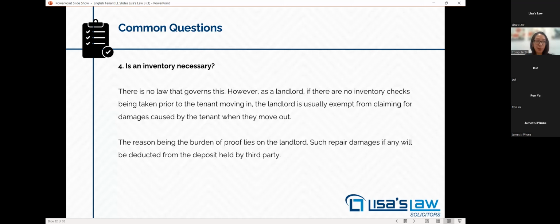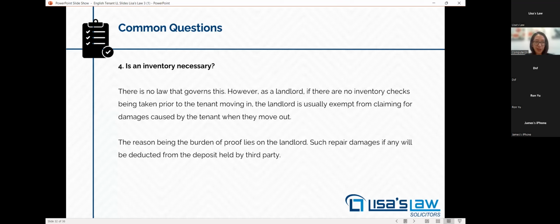So when the tenant moves out, if you say that the tenant made a scratch on the wall or scratched your floor or paint came off or the toilet bowl broke, it's very difficult for you to claim that the tenant actually caused it because there's no inventory check.